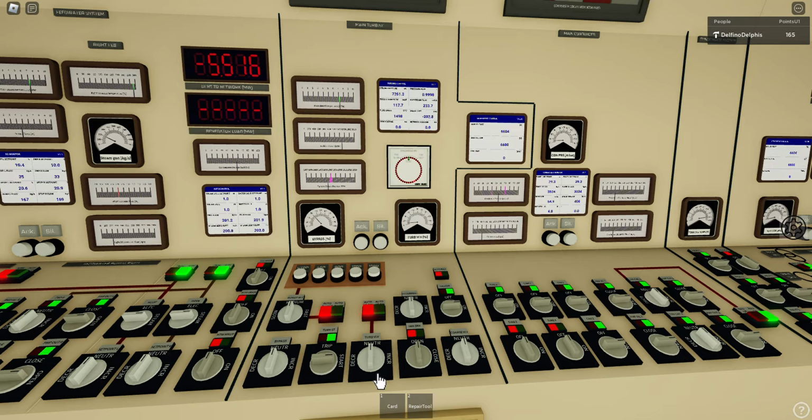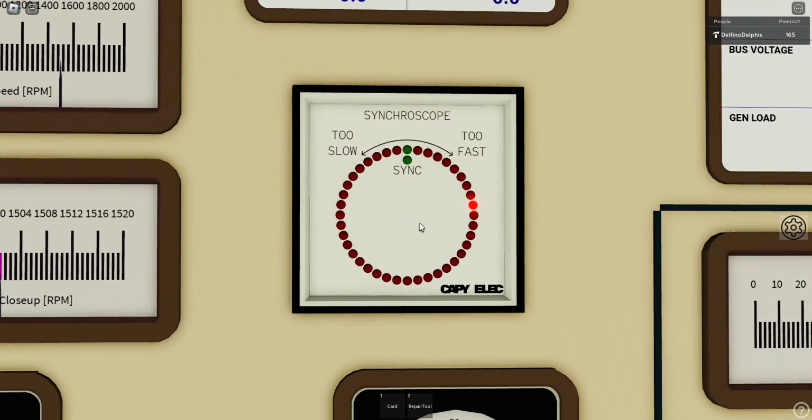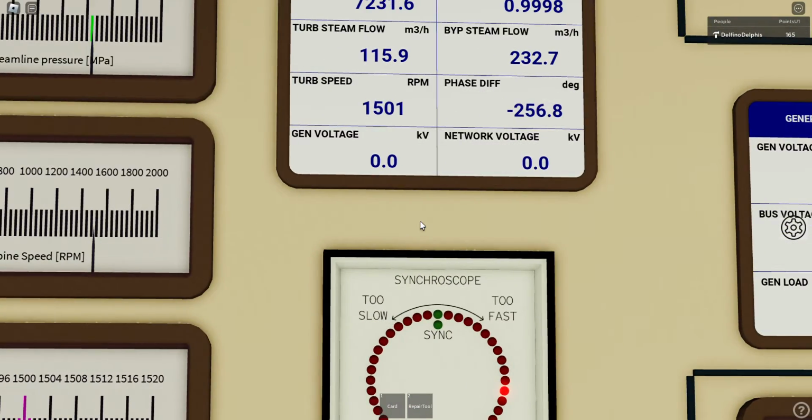It should be clockwise if you want to do it the proper way. So now it's moving clockwise. 1501.